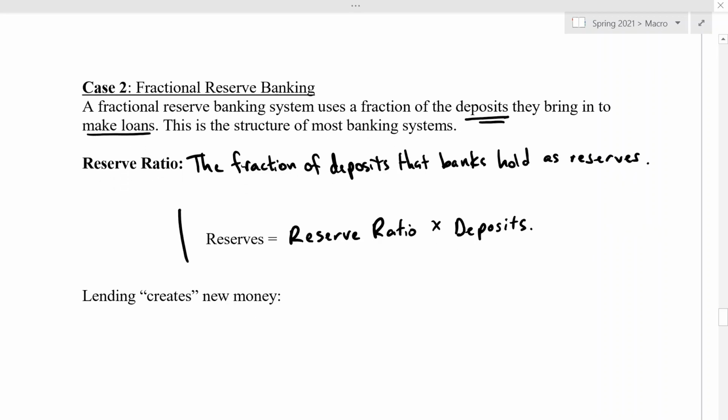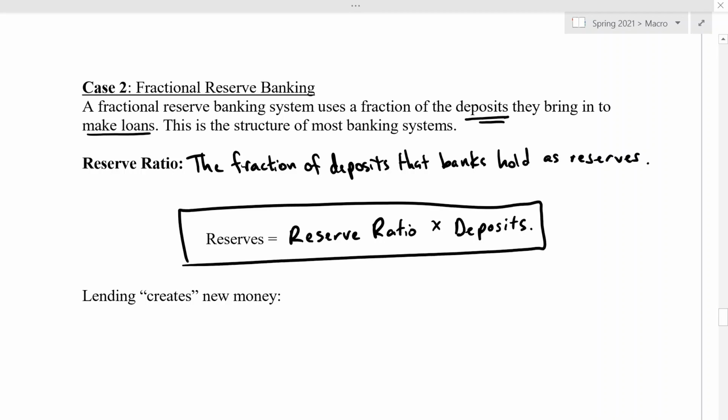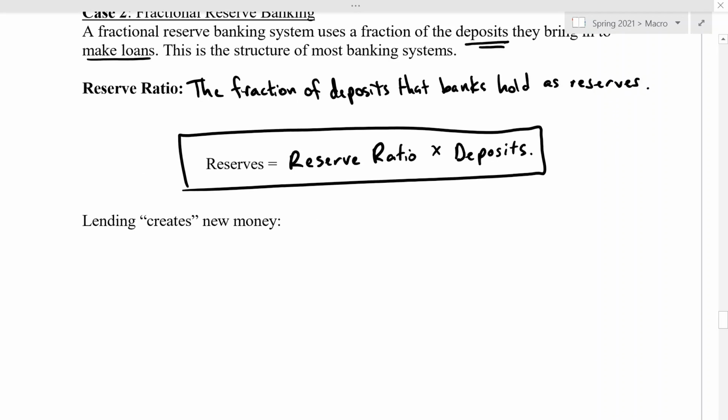And through this system, as I said before, the banking system and this process of lending actually creates new money in the banking system. So what we have here is the money that is loaned out ultimately ends up in another bank's deposits.